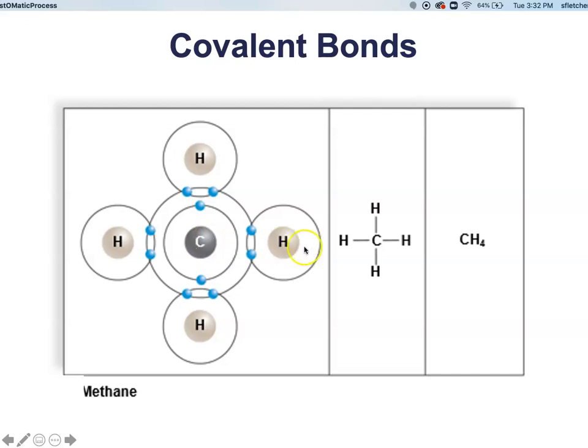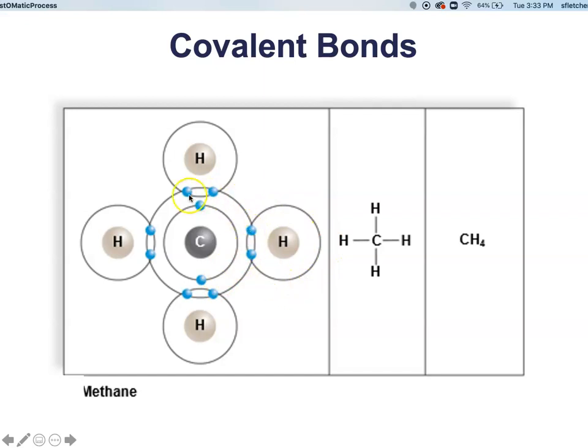So carbon then goes to 3 other hydrogens, and to each one it says, I will let you borrow my 1 electron, so you can have a completed octet, if you let me sometimes borrow 1 of your electrons, so I can complete my octet. And so that's what happens. These electrons are going to orbit around carbon and around hydrogen. This pair over here is going to orbit around hydrogen and around carbon.